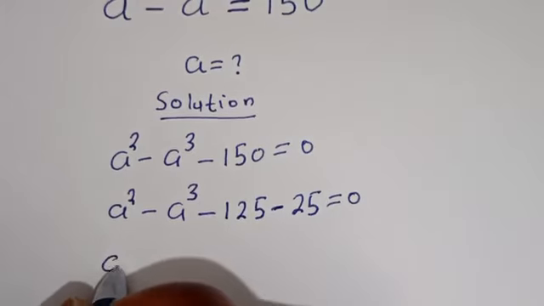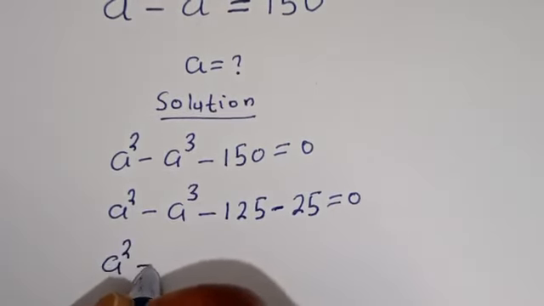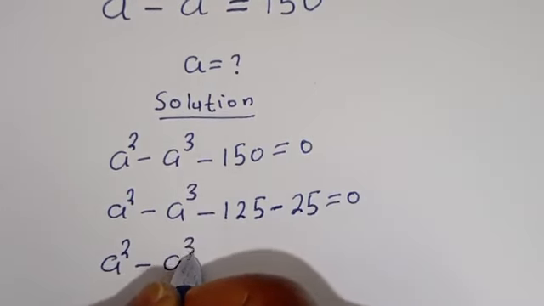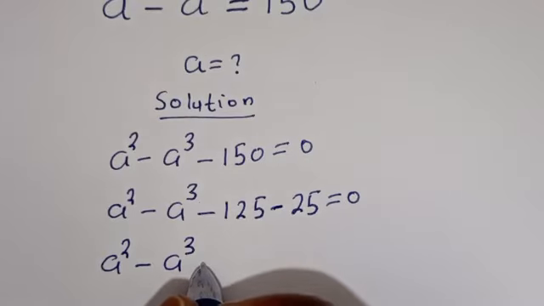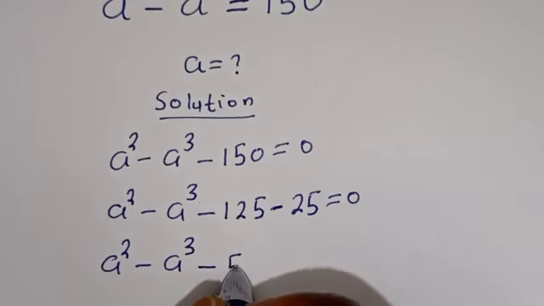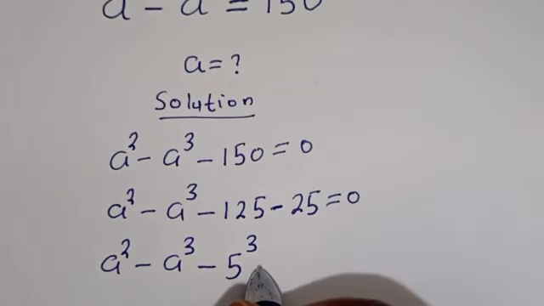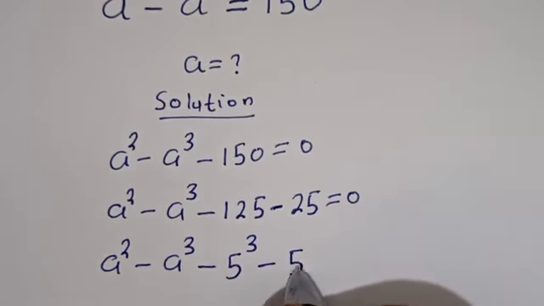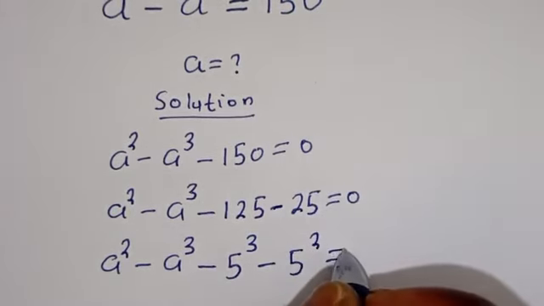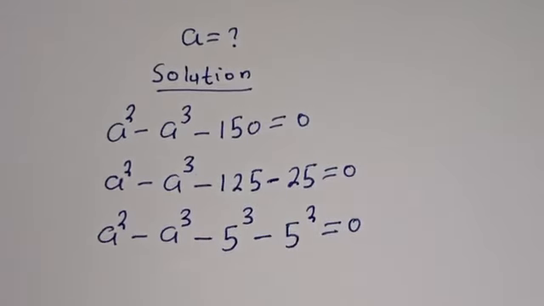Then we have a squared minus a to the power of 3. Minus 125 can be written as minus 5 to the power of 3, and minus 25 can be written as minus 5 squared is equal to 0.